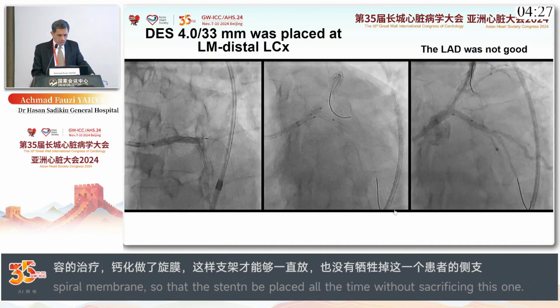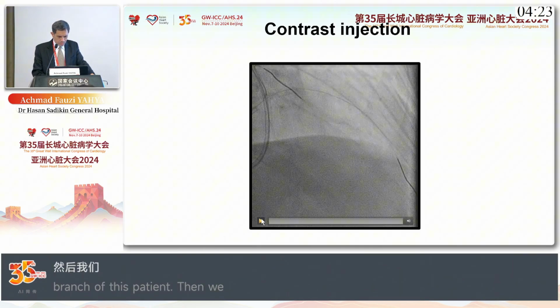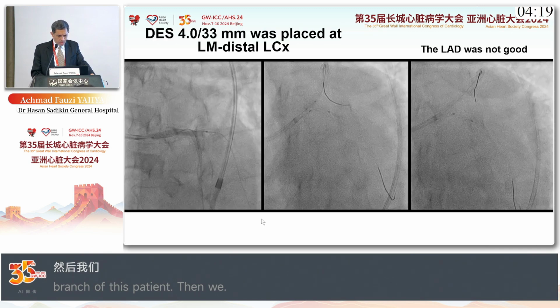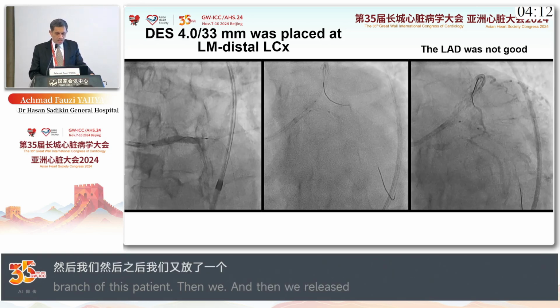And then we put a 4.0 by 30 millimeter stent from the left main to the distal circumflex.